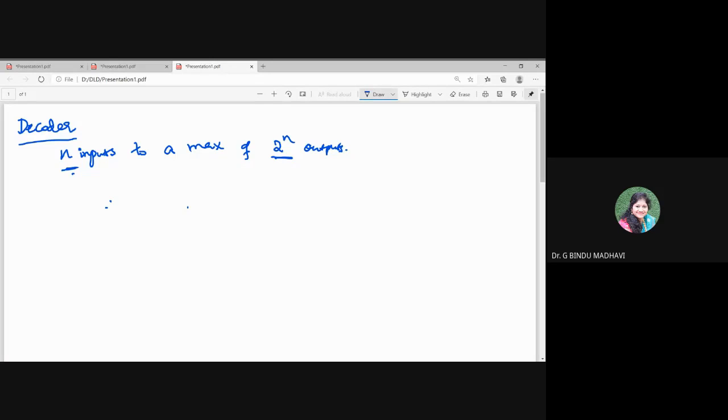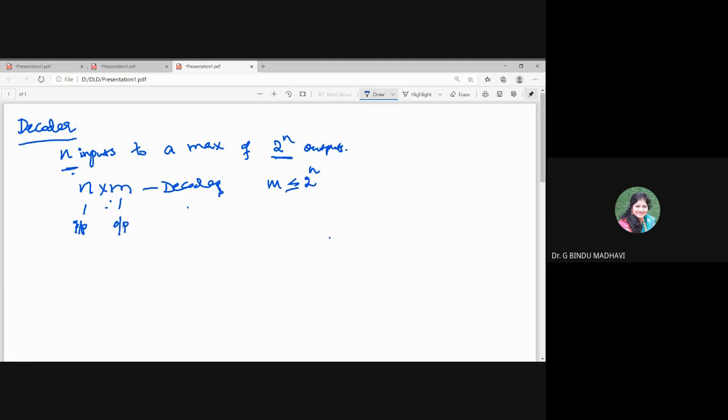So you can call the decoder an n by m decoder. The first one represents the input, the second one represents the output, and here m will be less than or equal to 2 power n.